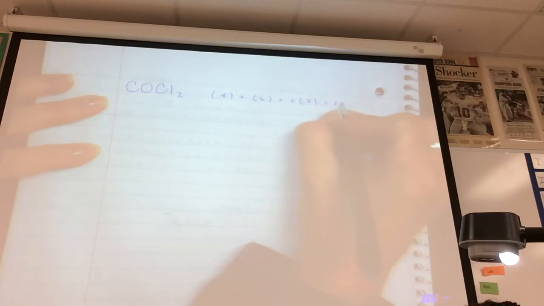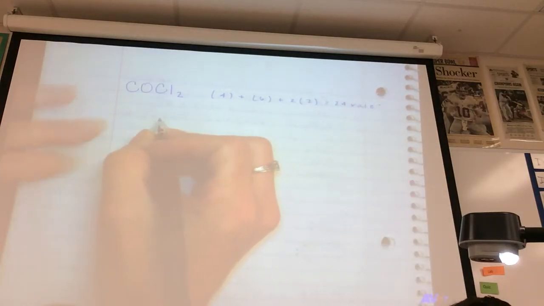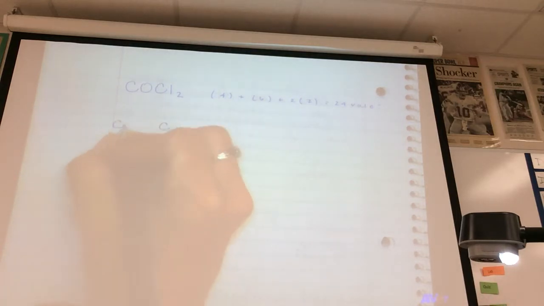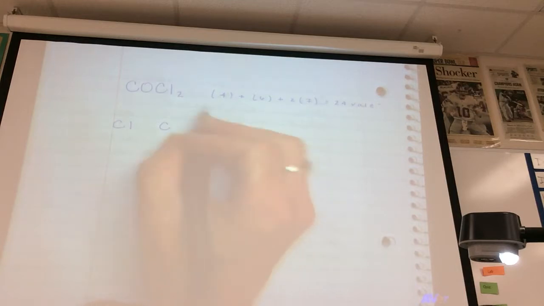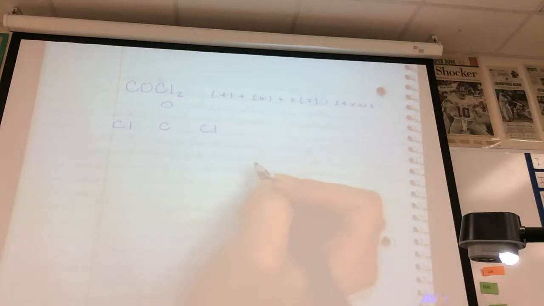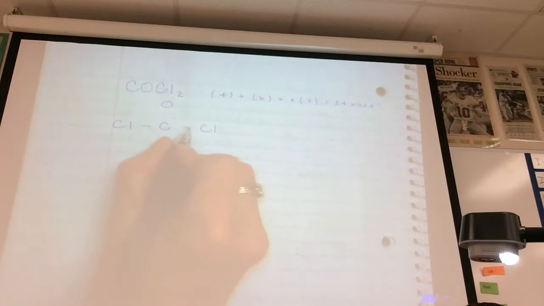All right. Central atom? Think symmetrical. What are you thinking? Double bond and a single bond. 2 single bonds. Complete octets of terminals?